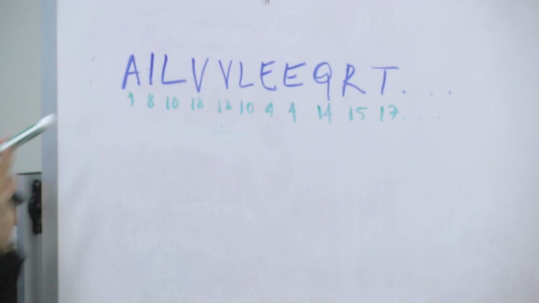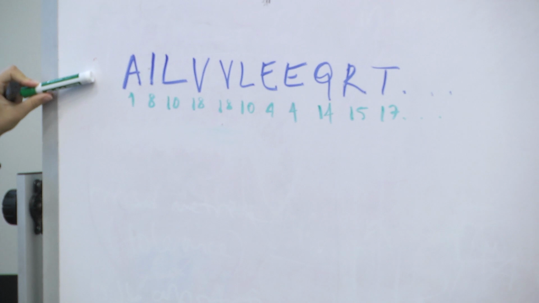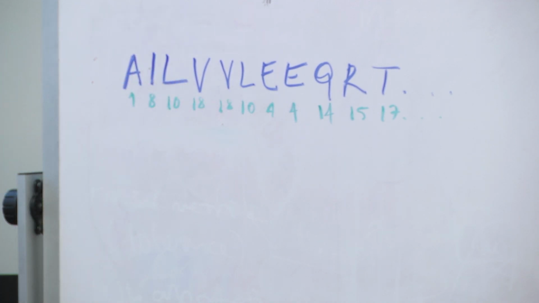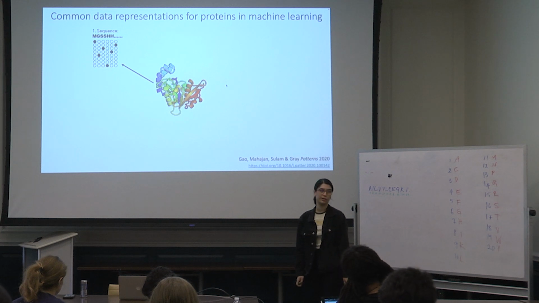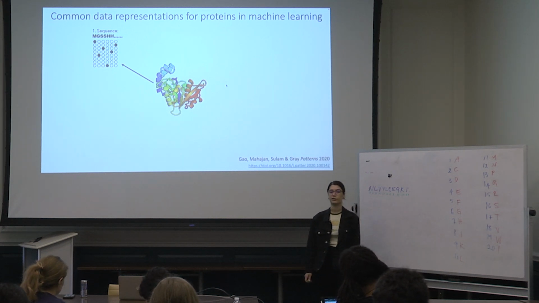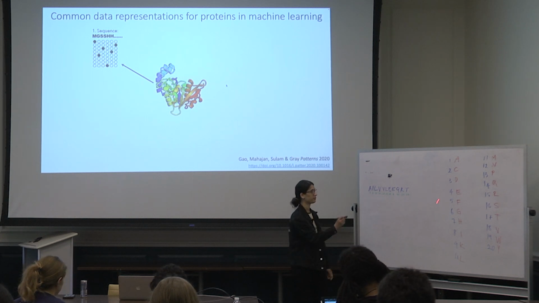Okay, now we have this. Is there an advantage over having this blue form versus this green form? So maybe from this number or token representation, we can figure out a way to make it more meaningful for learning purposes. Here's the thing though.